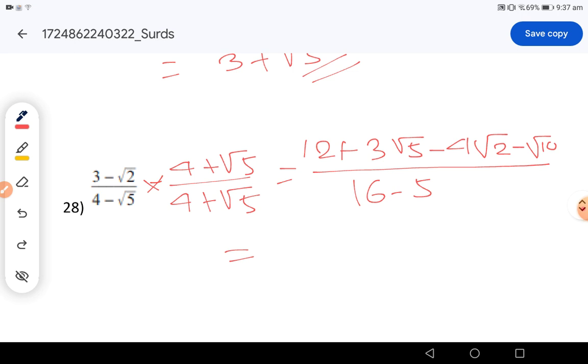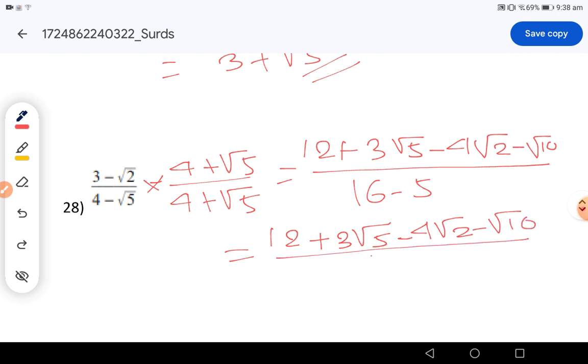So we got 12, root 5 root 2 are there, so we cannot do anything. 3 root 5 minus 4 root 2 minus root 10 by 11, this much.